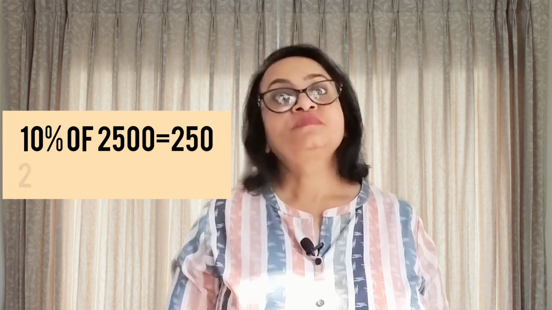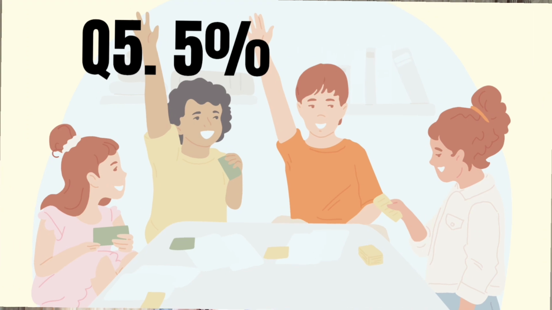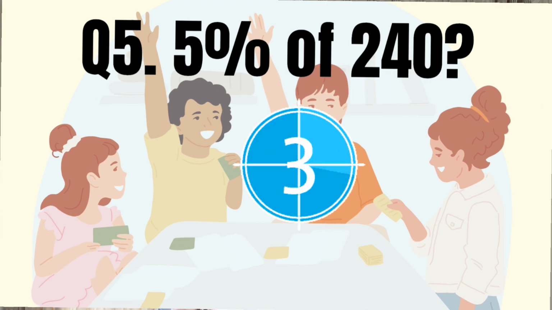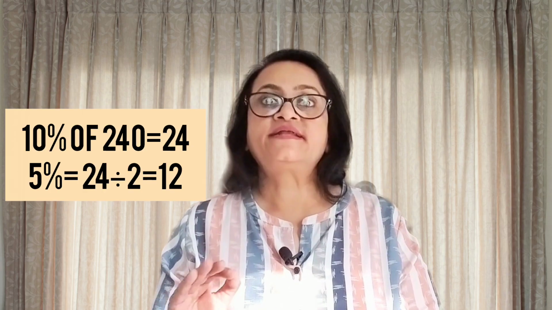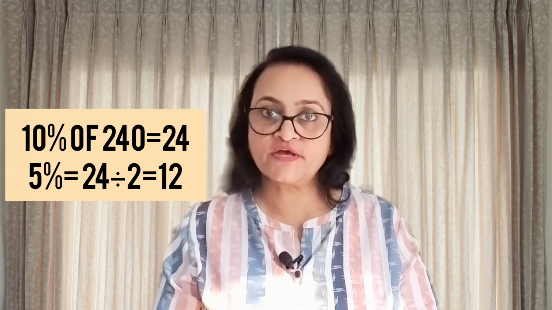We will double it to find 20% and double of 250 is 500. Next question. 5% of 240. Yes, the answer is 12. 10% is 24 and half of 24 is 12. So our answer is 12.